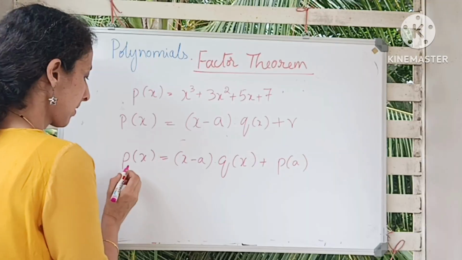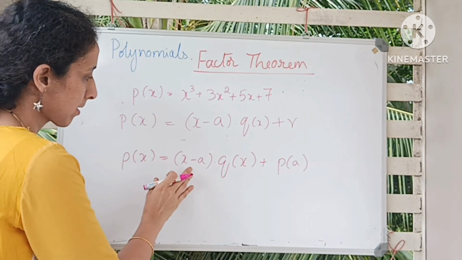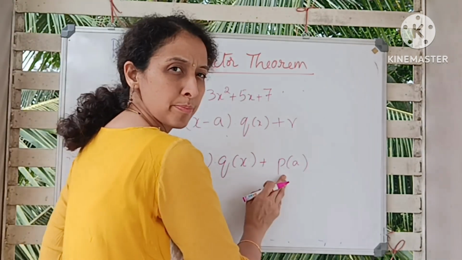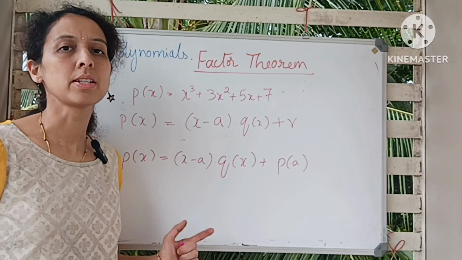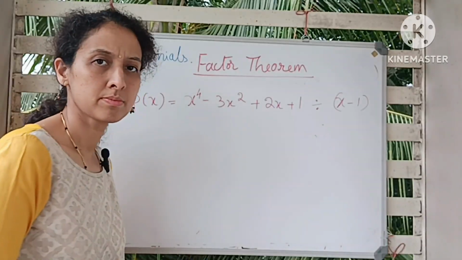It means if we divide p of x by some x minus a, we get p of a as the remainder. This is the remainder theorem of polynomials.